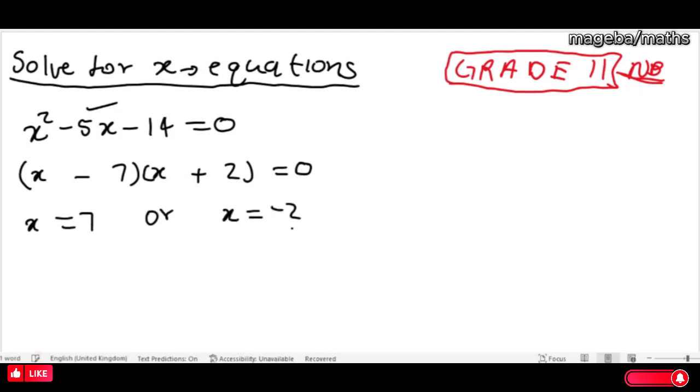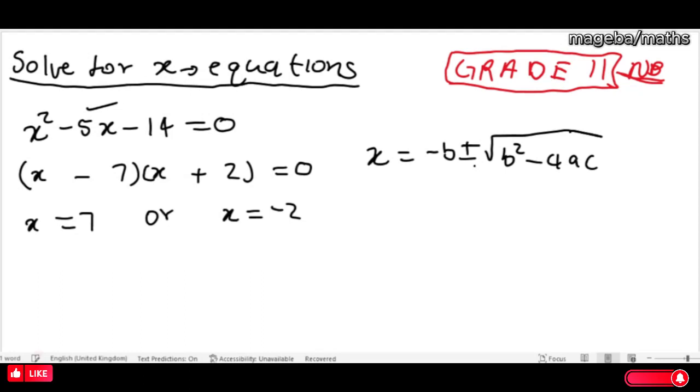So guys, if you don't remember how to factorize from grade 10, there's something very important that you need to know, which we call the quadratic formula, where x is equal to negative b plus or minus the square root of b squared minus 4ac, all over 2a.